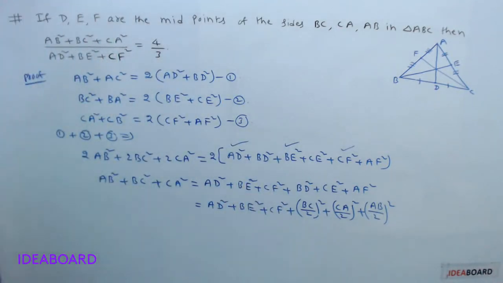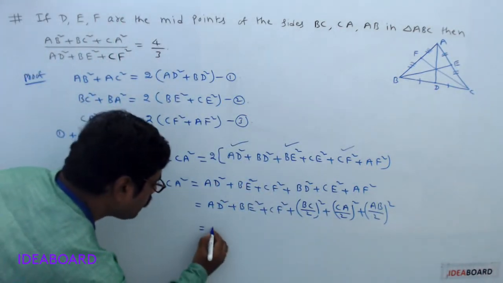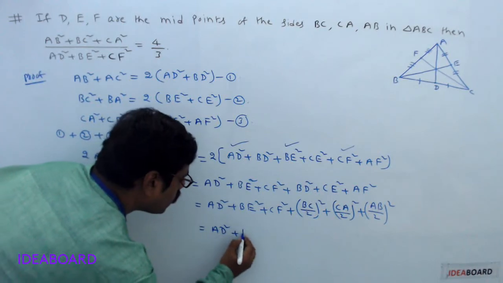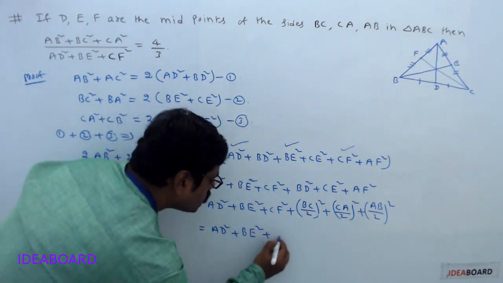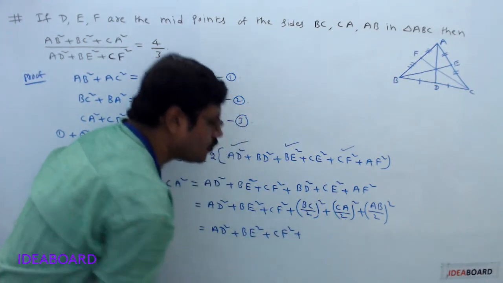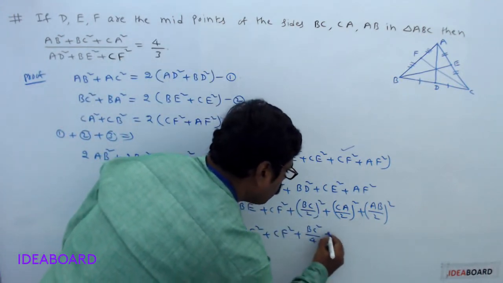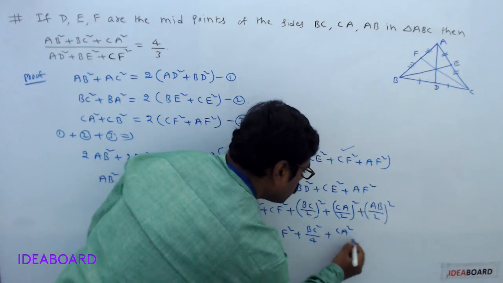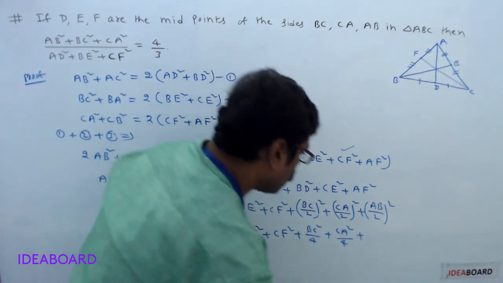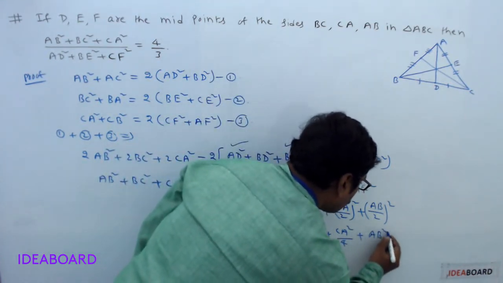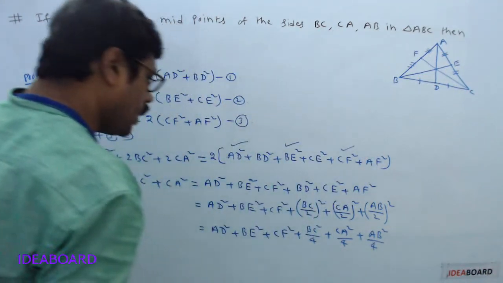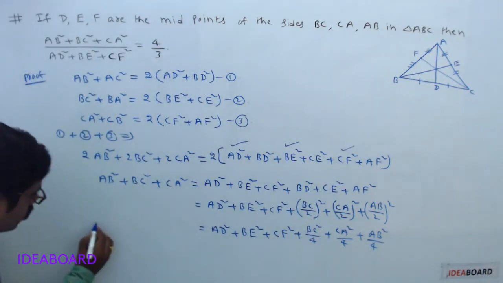Now simplify the RHS expression. This is AD square plus BE square plus CF square plus BC square divided by 4 plus CA square divided by 4 plus AB square divided by 4. Now what is the corresponding LHS part?